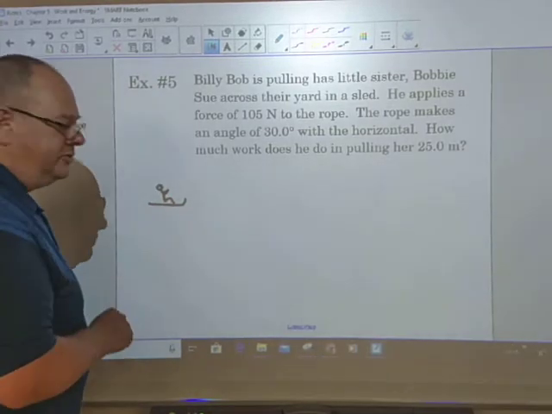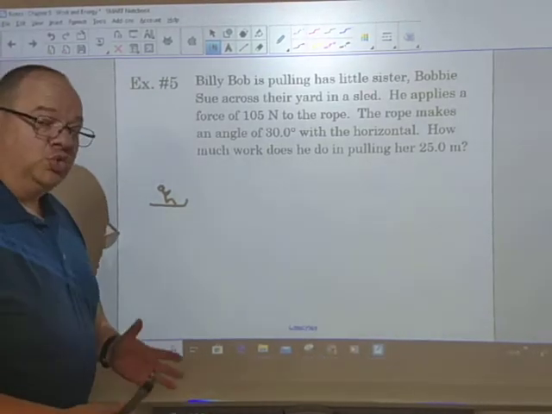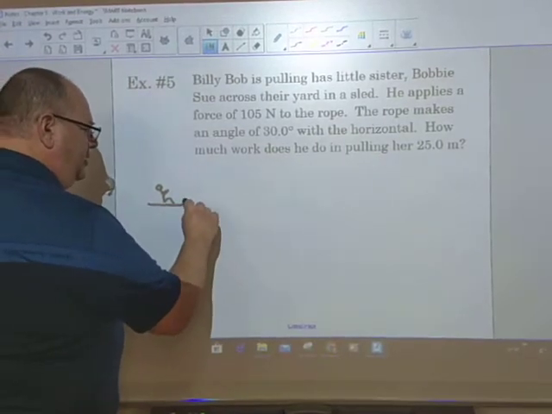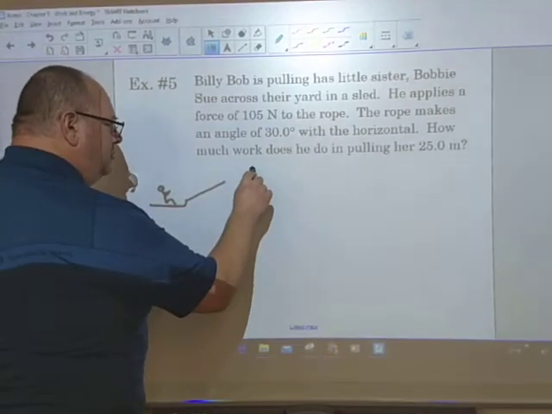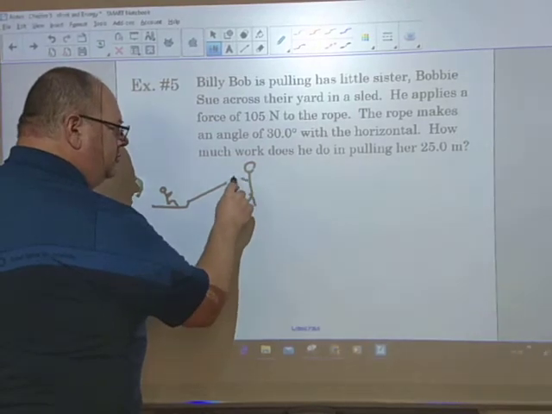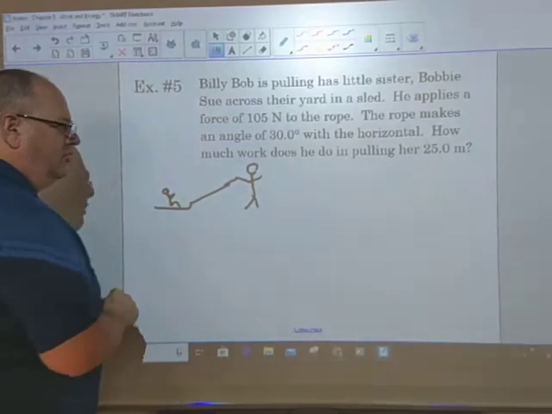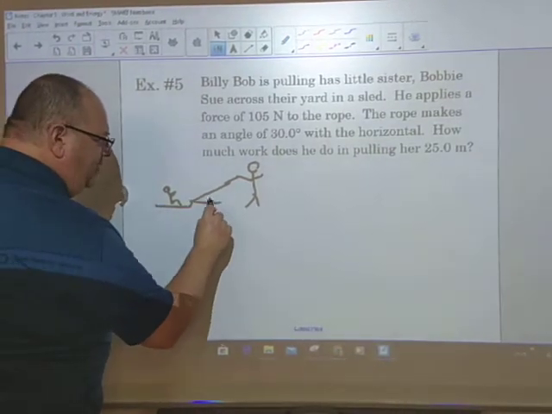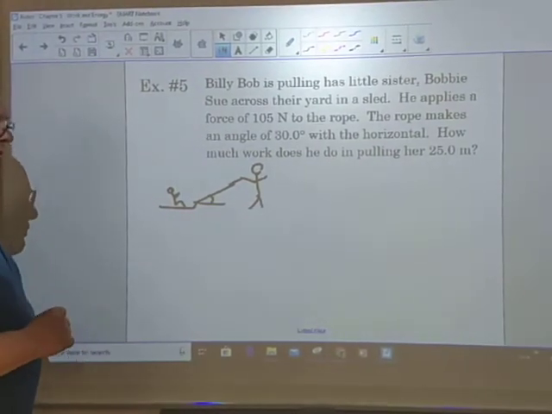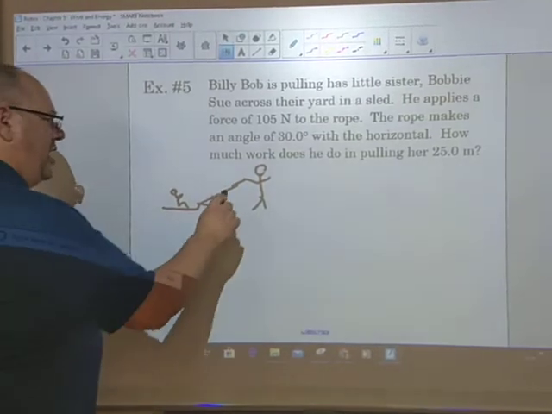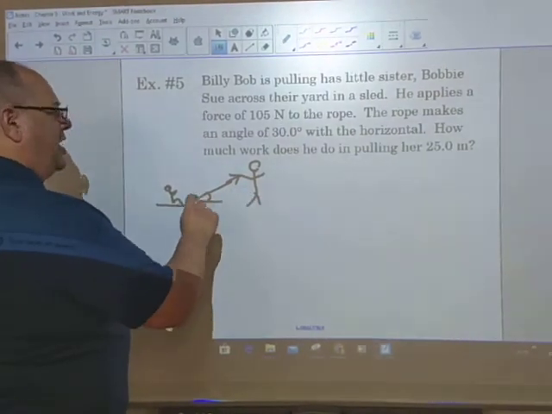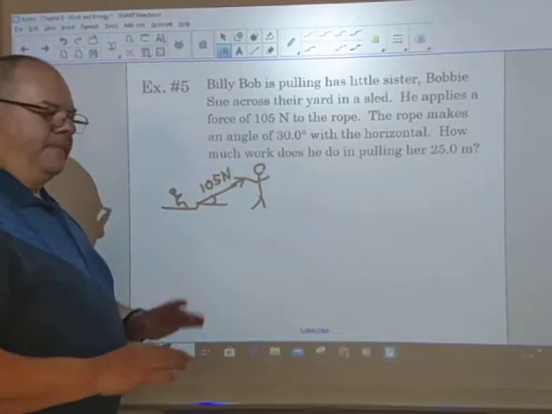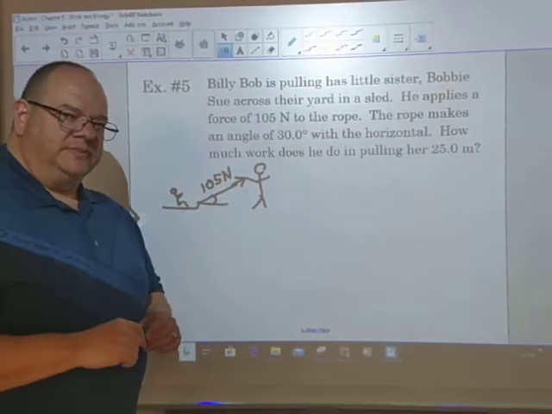So there's Bobby Sue in the sled. And here's our rope. So Billy Bob is pulling a rope. The rope makes an angle of 30 degrees with the horizontal. Now, his force on the rope is 105 newtons. But I want you to think about direction.